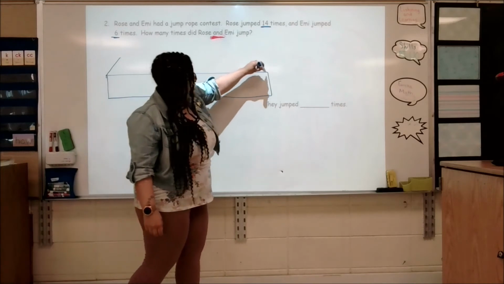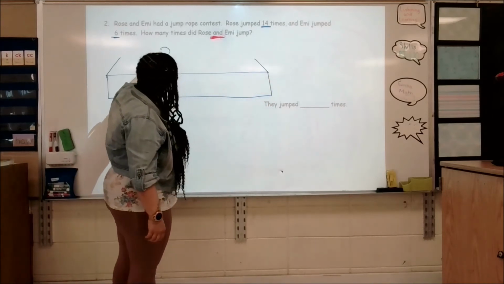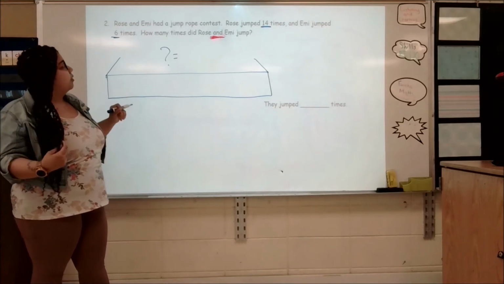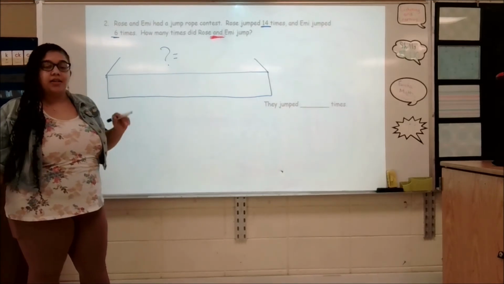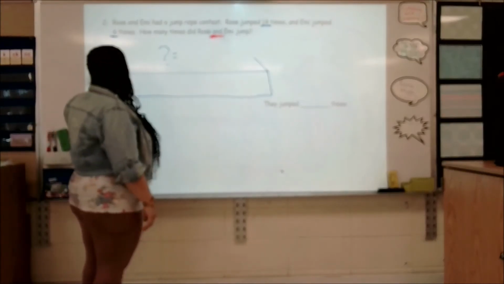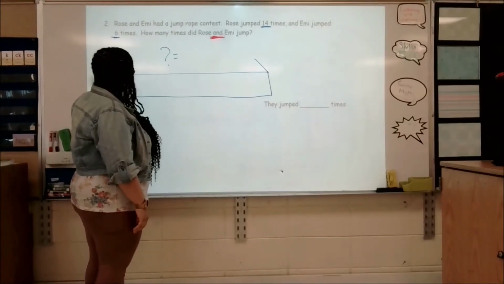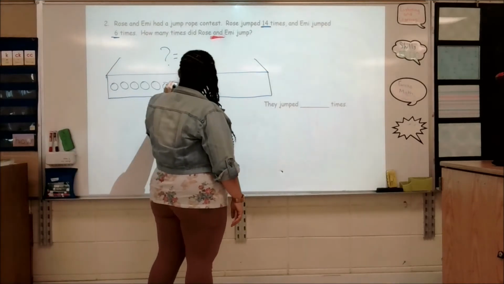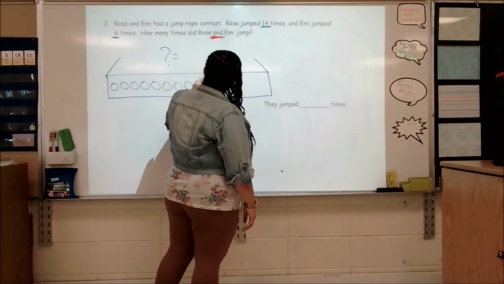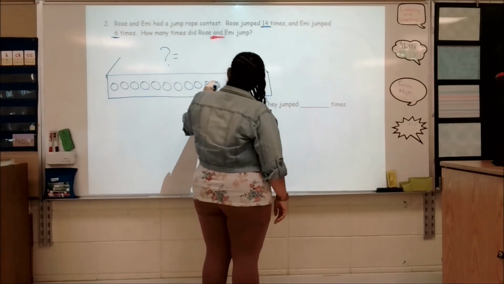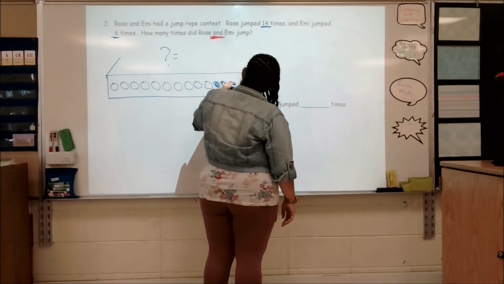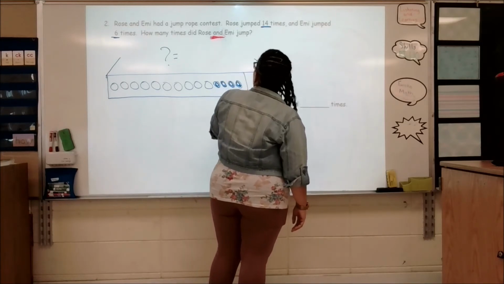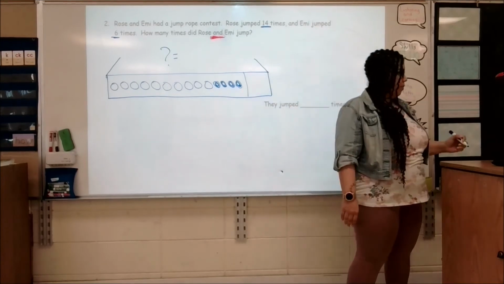Right now, what we know is that we don't know the whole. The whole is unknown. We don't know how many jumps. We know that Rose jumped 14 times. So let's draw to represent her 14 jumps. 1, 2, 3, 4, 5, 6, 7, 8, 9, 10, 11, 12, 13, 14. That is the first part.